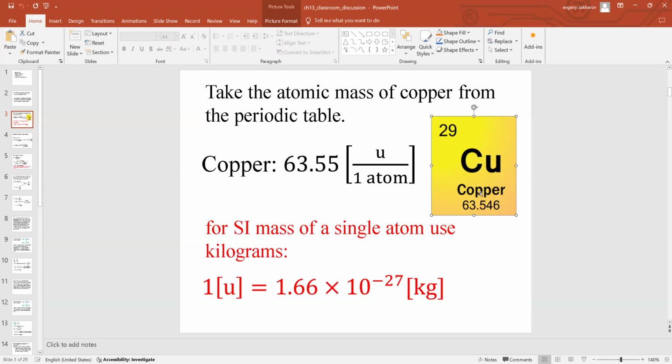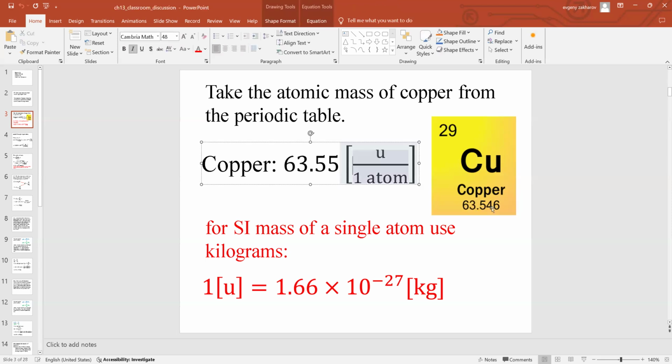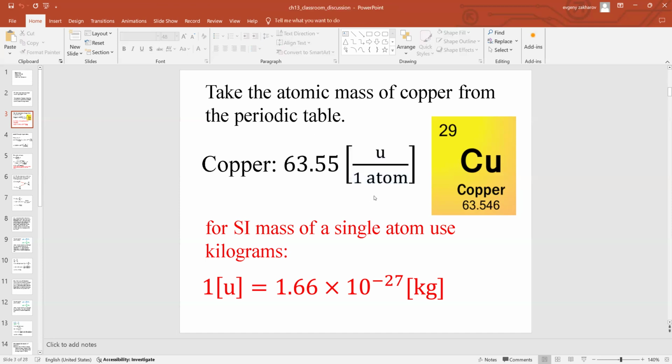This is your atomic mass, and that's in those U's, instead of kilograms. So what it says is that copper has 63.55 U's in one atom.